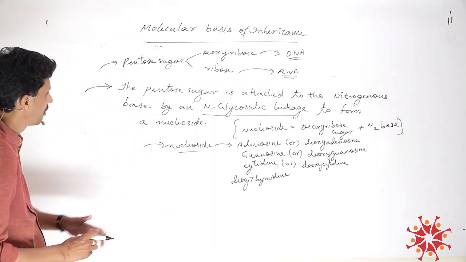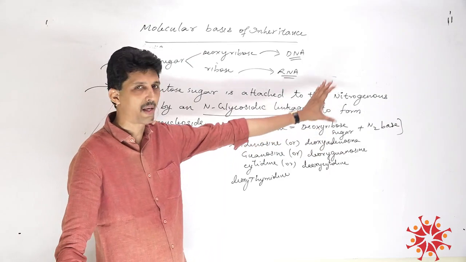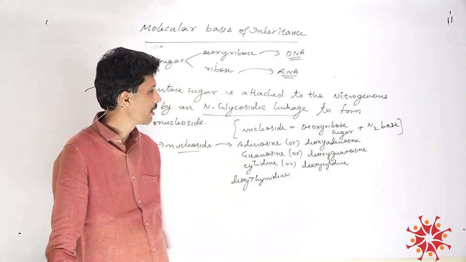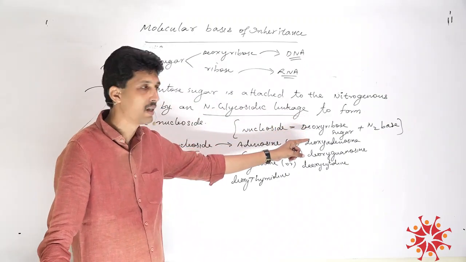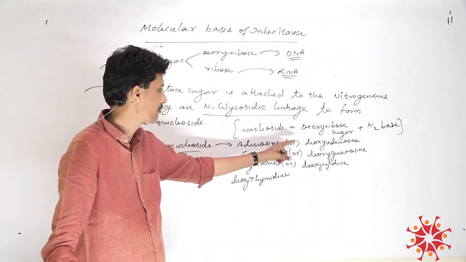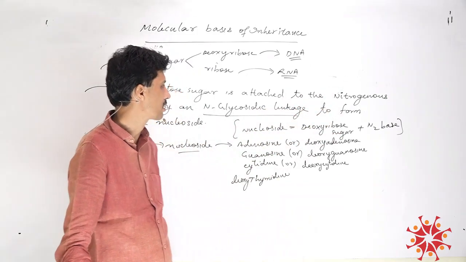Remember here, what is a nucleoside? Nucleoside is sugar plus nitrogenous base. What I am showing here is a deoxyribonucleoside. So here the nucleoside in DNA is deoxyribose sugar plus a nitrogenous base.